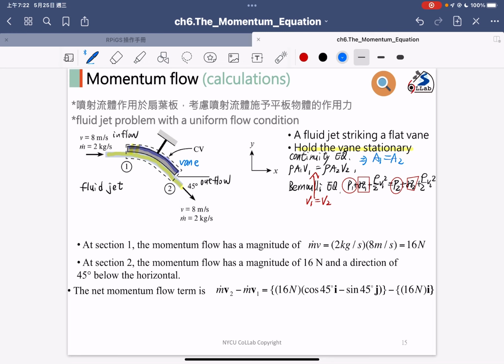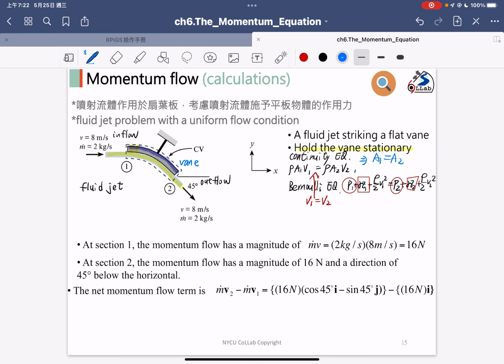Okay, and so now we are looking at the momentum equation applications. For these questions, we know that we need to require some external force, because maybe the momentum flows are not balanced.